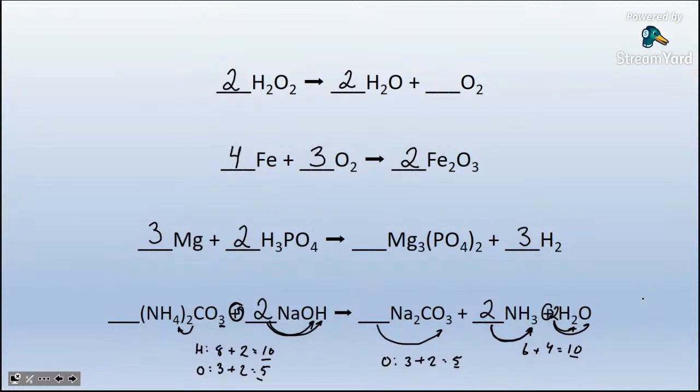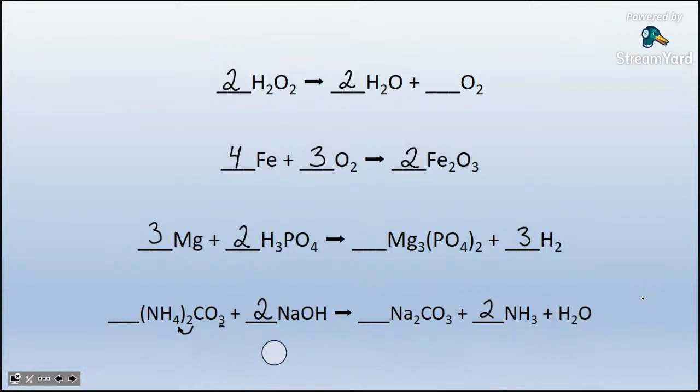So this is balanced out as 1, 2, 1, 2, 2. Now that's kind of hard to see that 2 in front of the water. Again, my apologies that I forgot to put that blank in there. And this would be a balanced equation. So that is how we balance by trial and error.